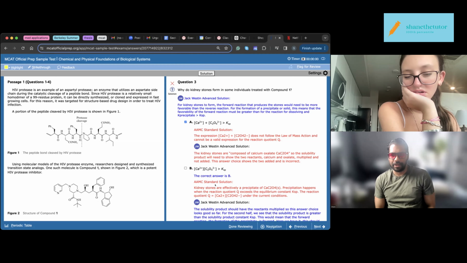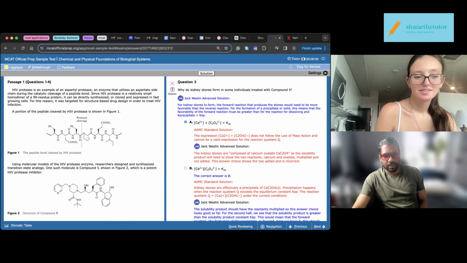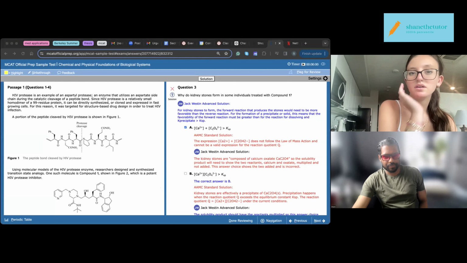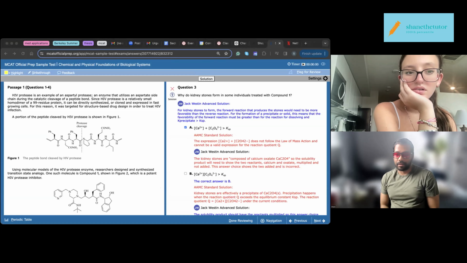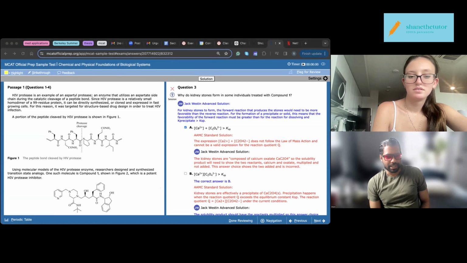The Ksp value is the largest concentration that can be soluble. So if your Q, your reaction quotient, is larger than your Ksp, it's going to be less soluble and therefore produce a precipitate.